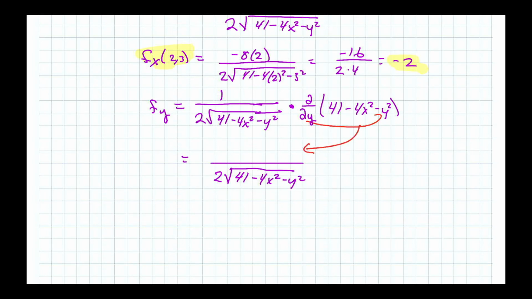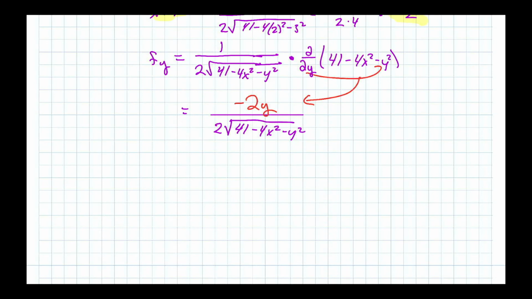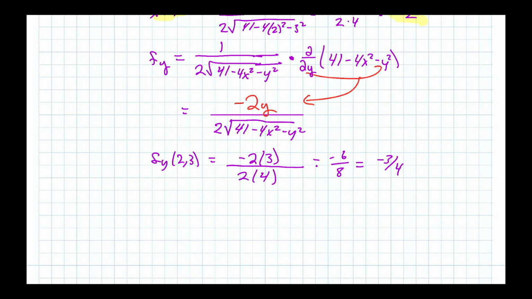This can go right here, but this time it's a y derivative. So the derivative of 41 is 0, the derivative of 4x squared is 0, and the derivative of negative y squared is negative 2y. Then we can plug in 2 comma 3. So we're going to get negative 2 times y over 2, and we've seen that it's a 4. So we have negative 6 over 8, or negative 3/4. Okay.